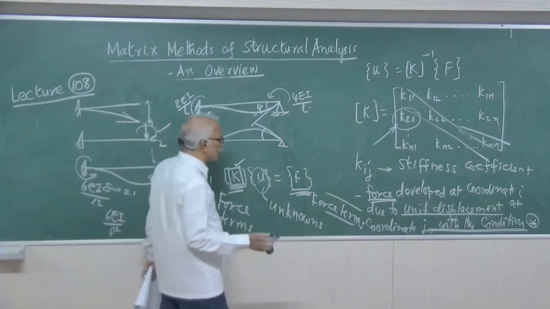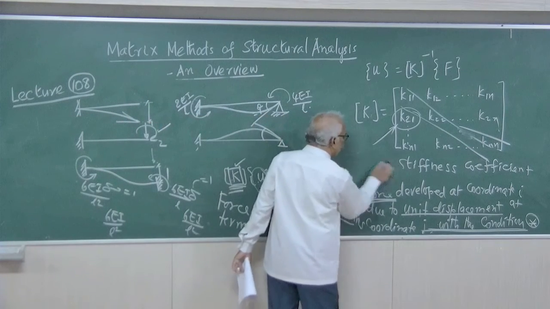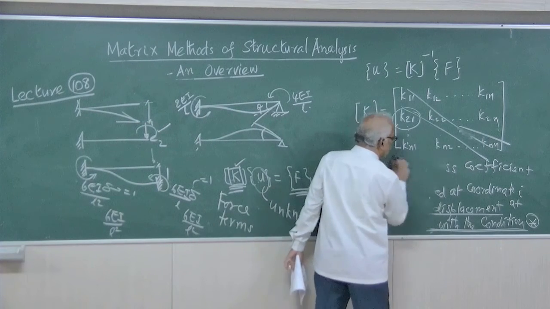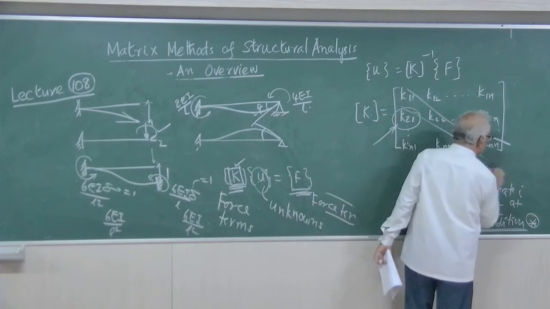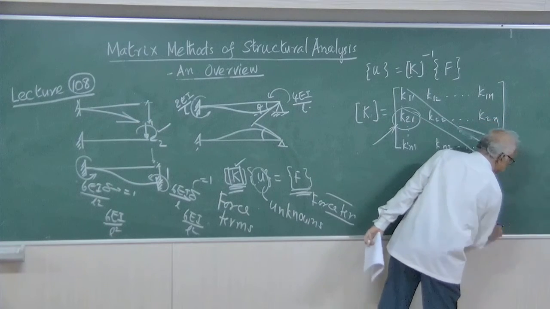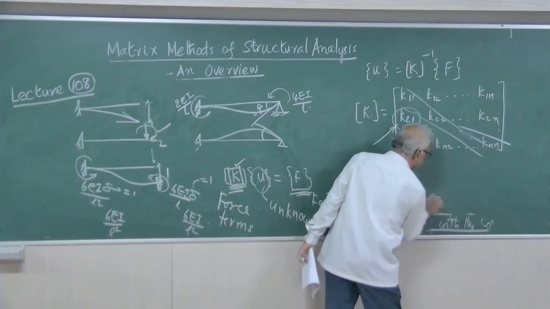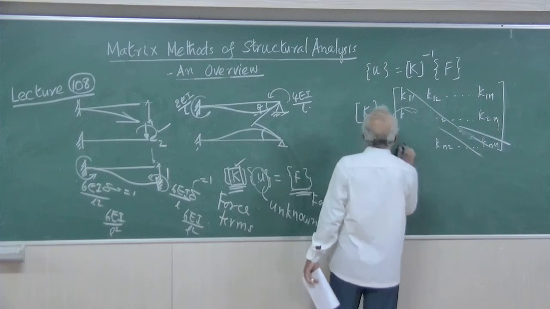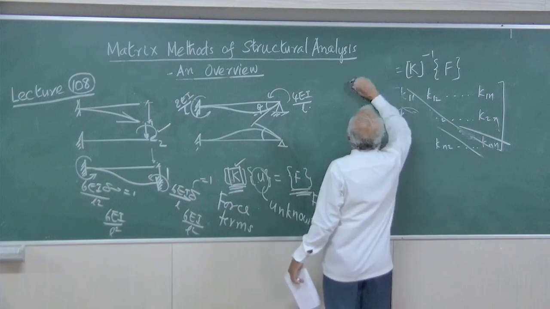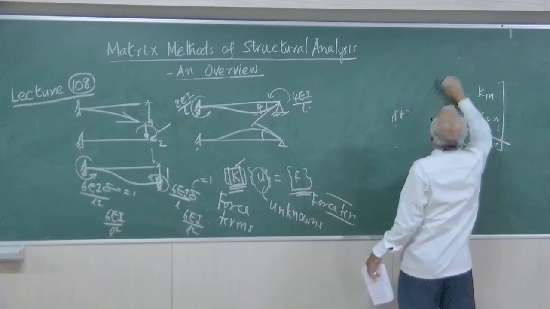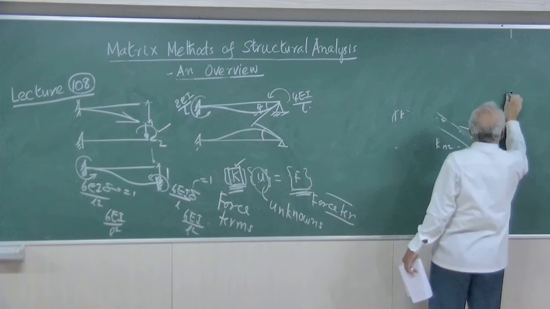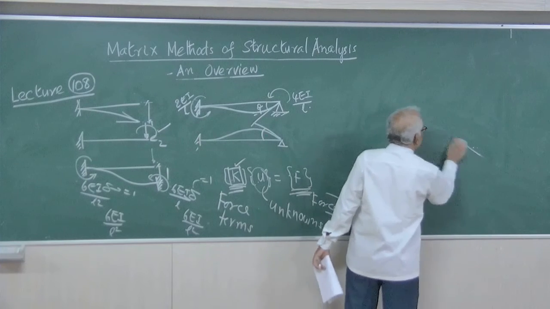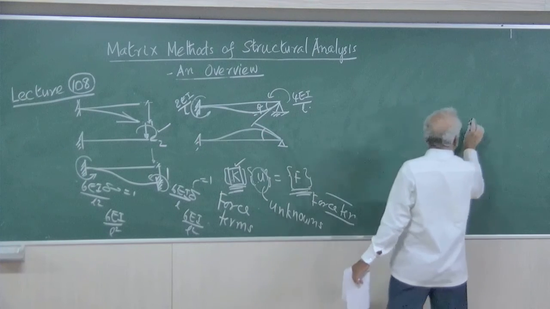So now the definition for the stiffness coefficient Kij is the force developed at coordinate i due to unit displacement at coordinate j, with the condition that no displacement occurs except at coordinate j. As I told, the size of the stiffness matrix for determinate structures depends upon the number of coordinates that we assign.